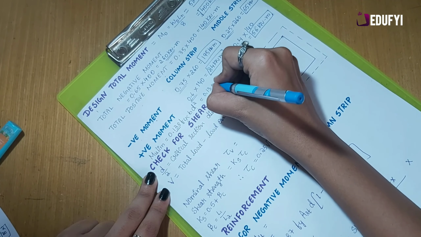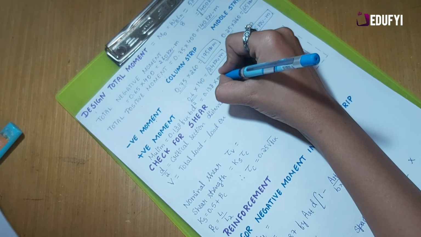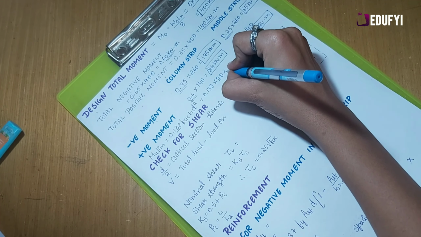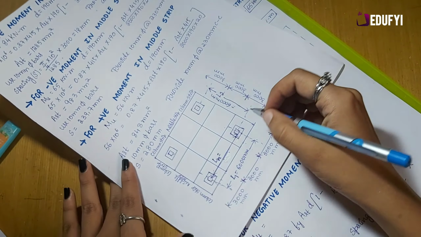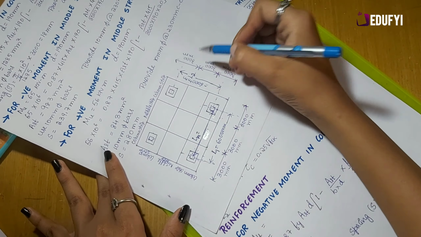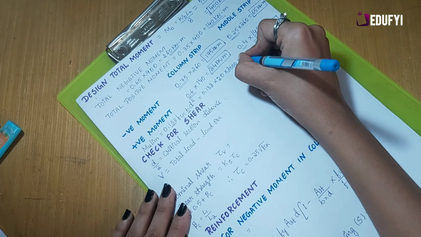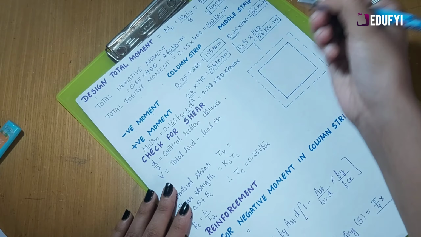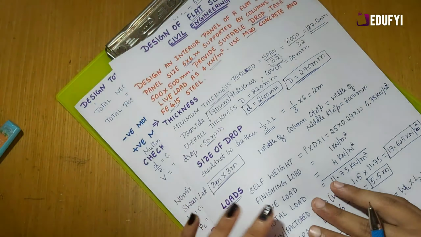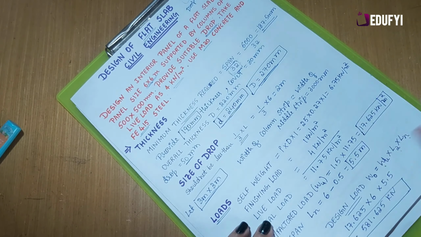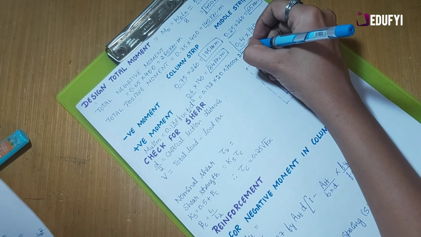So 0.138 into fck, which they have given as 20, into b, the length of the strip, that is 3000, into d, small d, which we have calculated as 240, so 240 square.